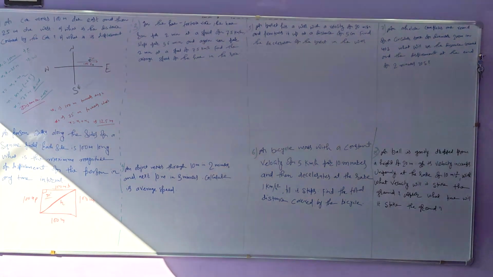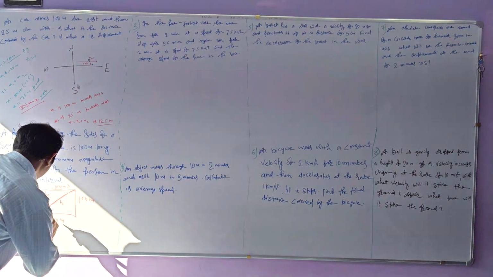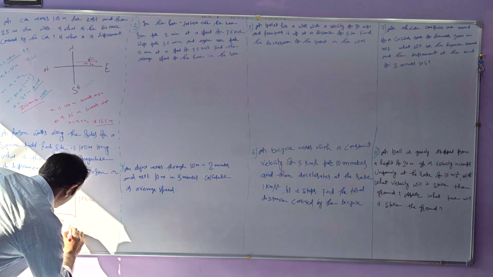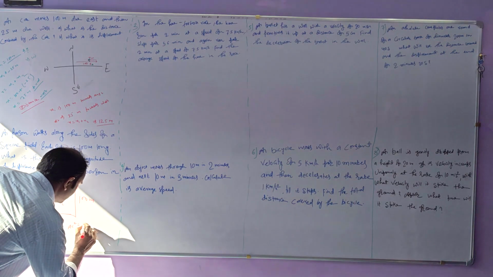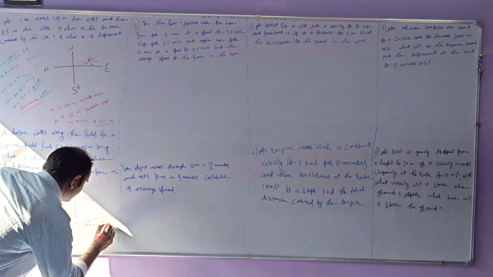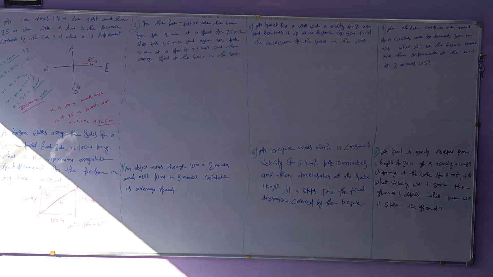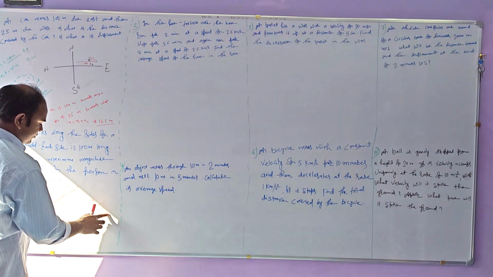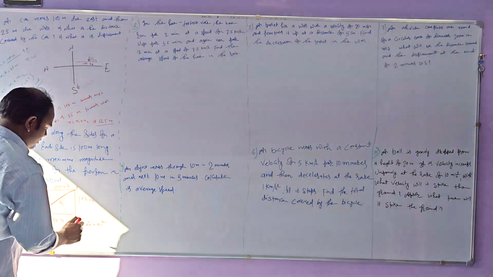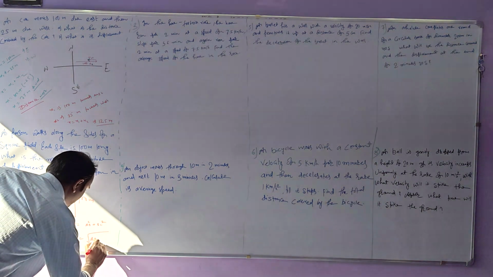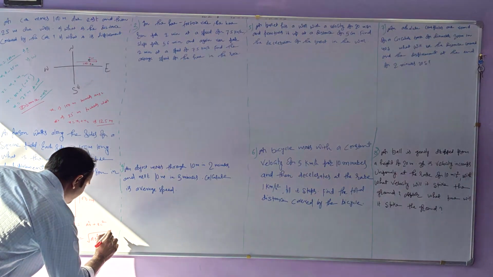We consider A, B, C. AC is equal to root under AB square plus BC square.